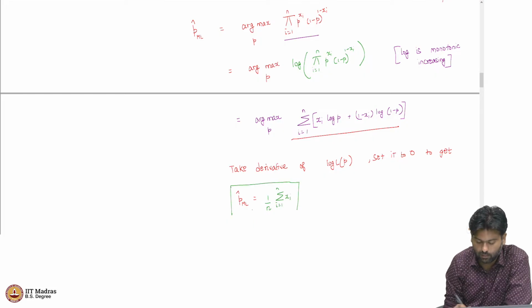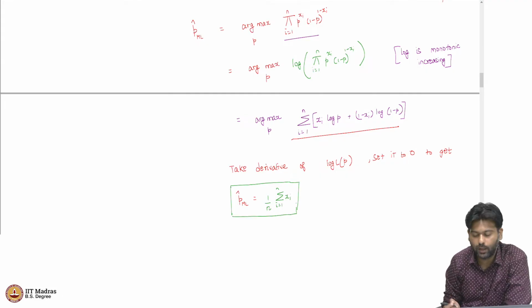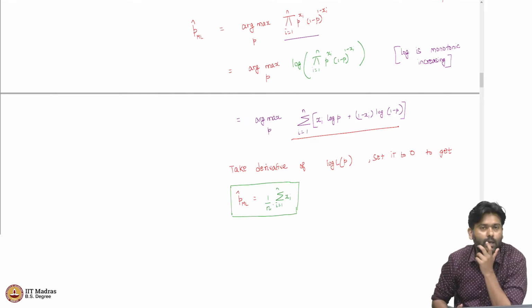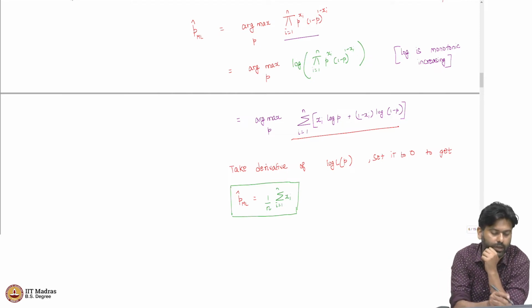If you take the derivative, set it to 0, and I urge you to try that out, you would get the answer as simply the average of my data points.